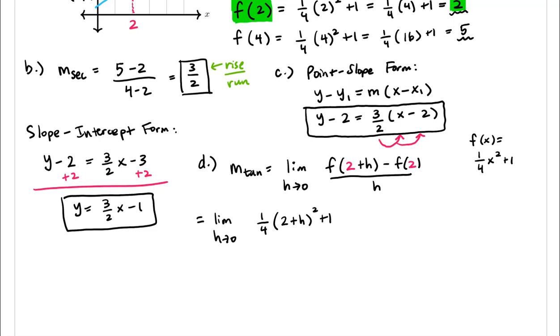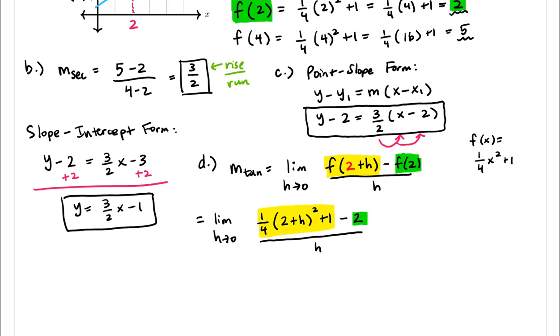And then we're going to subtract off f of 2, which again, from the green highlight above, we can see that that is 2. So once again, f of 2 is equal to 2, and then f of 2 plus h is equal to 1/4 times 2 plus h quantity squared plus 1, and then we can't forget the h in the denominator.